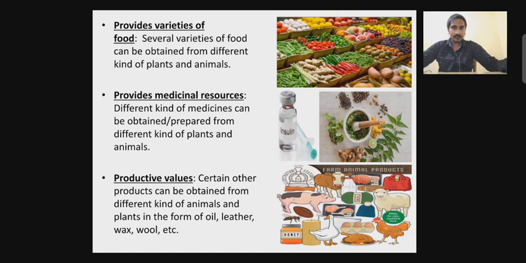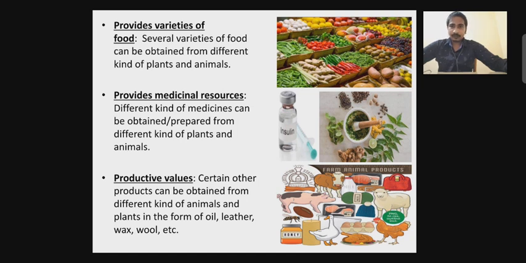They used to apply it, or take it orally, or fume it in the form of gas, they used to smell it. So this sort of medicines, the varieties of medicines, is possible due to the variety of the life form, variety of the sources. So in that regard, the biodiversity is also very much important.